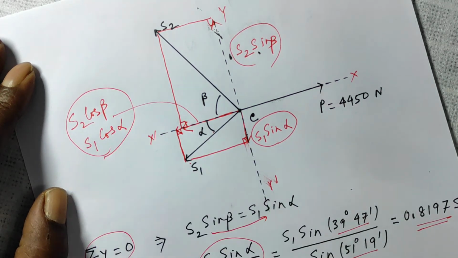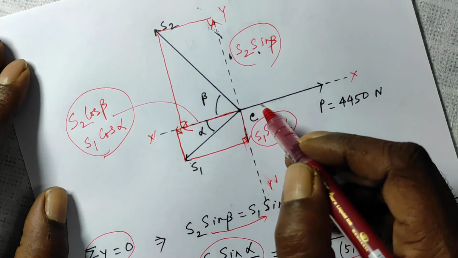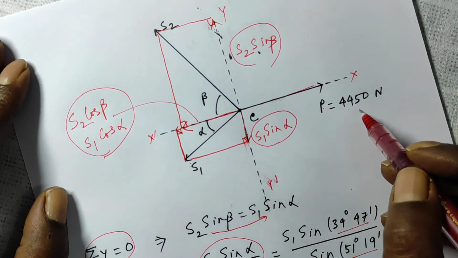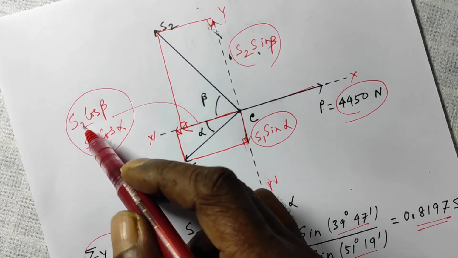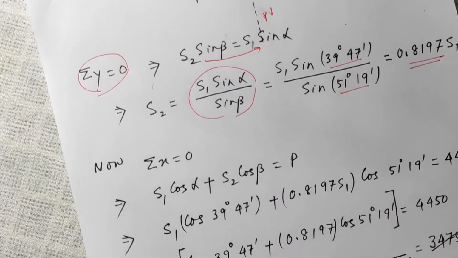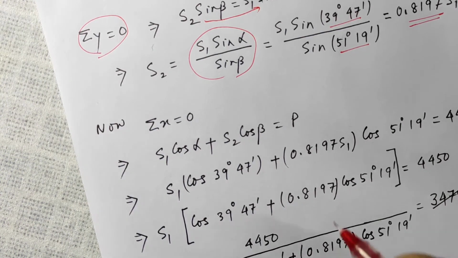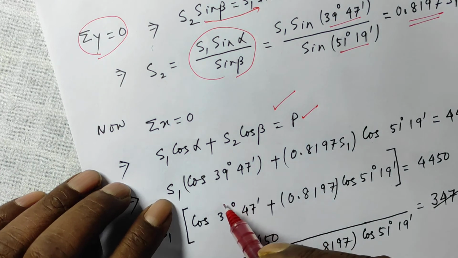Both of them are in the negative x-axis, and that is being opposed by P, which is equal to 4450 Newton. So S1 cos alpha plus S2 cos beta is equal to P, that is 4450 Newton.